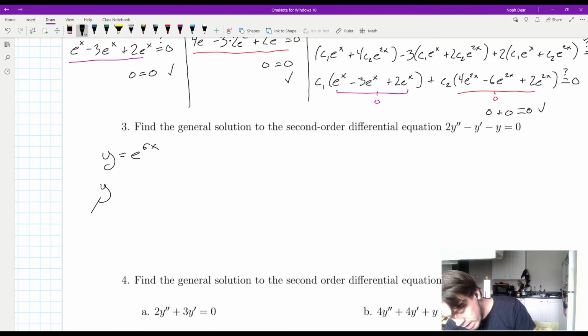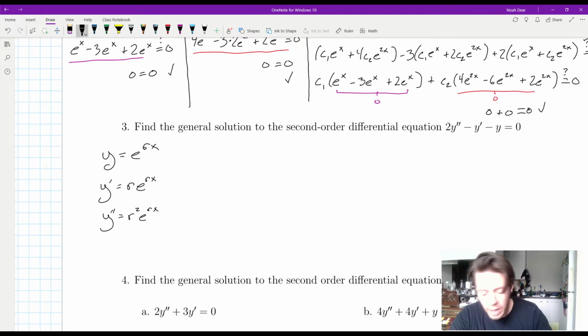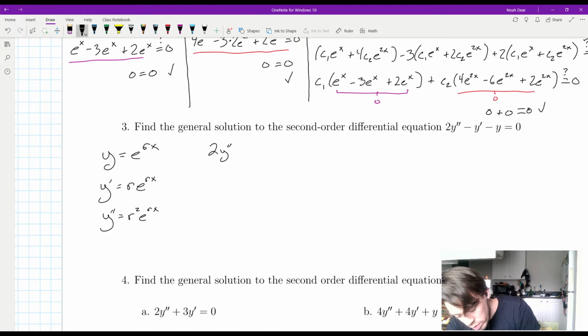And if we take its derivatives, we get y prime equals r e to the rx, and y double prime equals r squared e to the rx. If a solution is going to look like e to the rx, then we can take its derivatives along with the original function and plug it into the differential equation, 2y double prime minus y prime minus y equals 0.